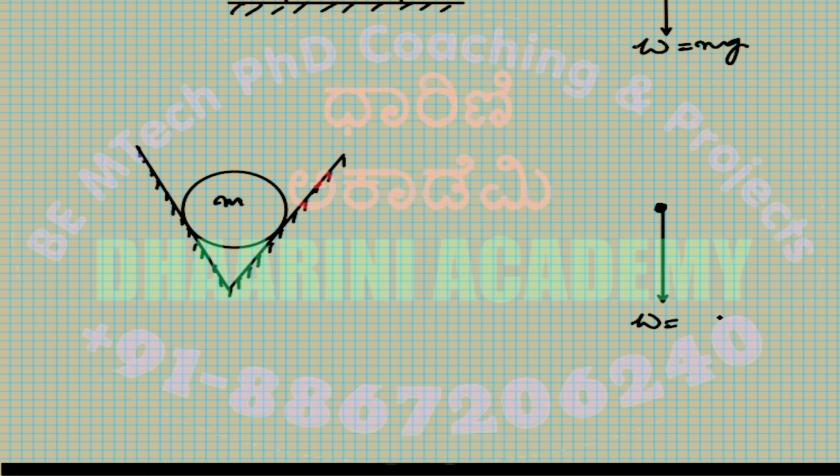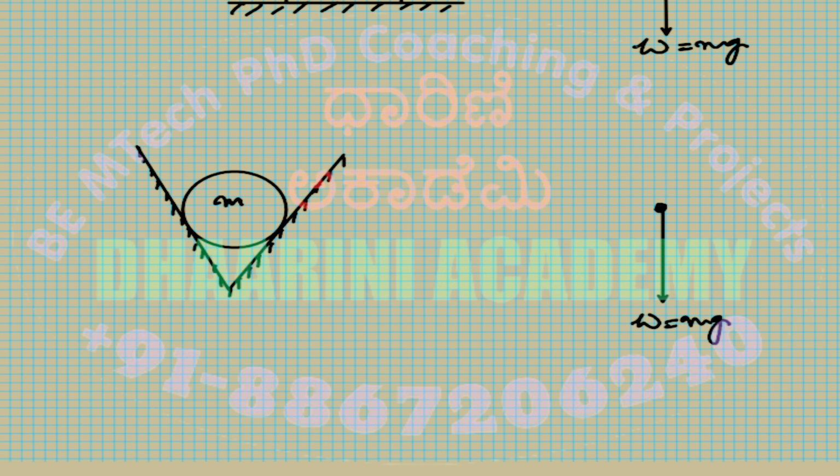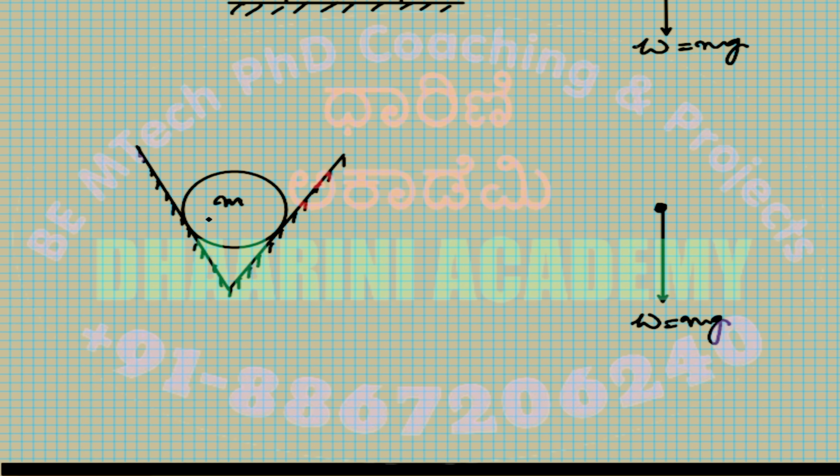W is equal to the mass into the acceleration due to gravity. Okay, that's the first one. Then you can see wherever two bodies touch each other, we know that there has to be a contact force. That's perfect. And we know that the contact force is always perpendicular to the surface.